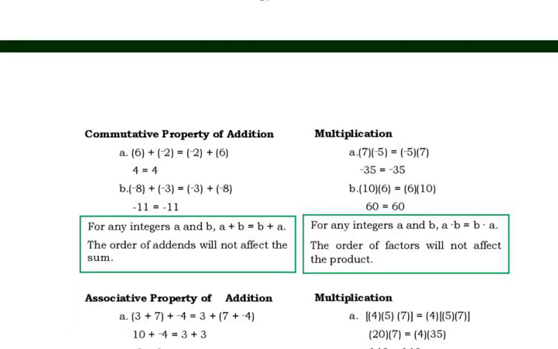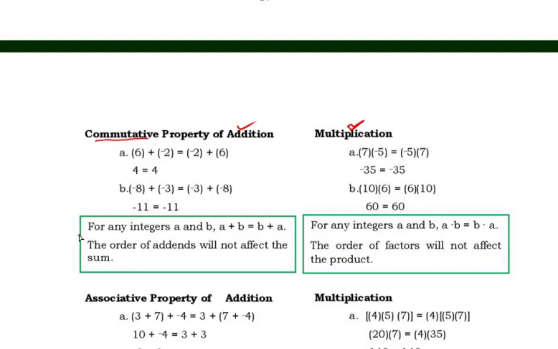Second, sa addition po at multiplication, meron po tayong tinatawag na commutative property of addition and multiplication. Again, this is only good for addition and multiplication. Hindi po ito pwede sa subtract at saka sa divide. Ano po ba yung commutative? Di ba pag narinig po natin yung commute, sabihin it's about travel. Diba? Sumasakay ka, nagko-commute ka, lumilipat ka sa ibang lugar.